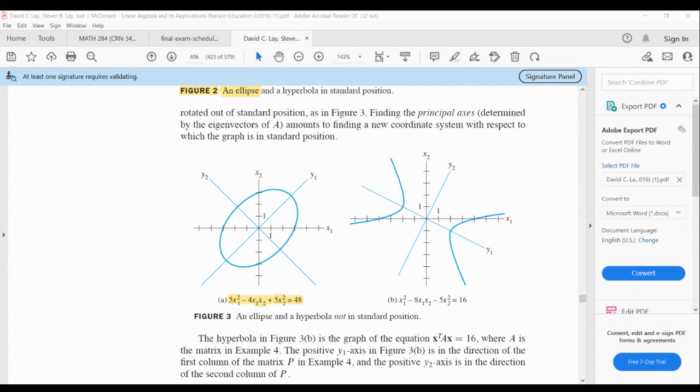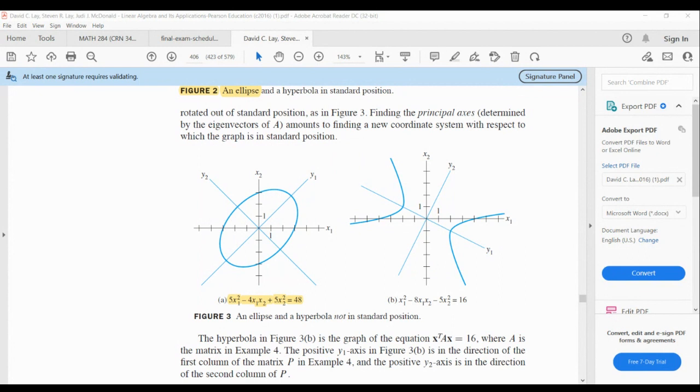Okay, so let me show you. Do you see what I'm trying to say here? We want to be able to visualize this quadratic form, which is in figure 3A, which is 5 times x1 squared minus 4 x1 x2 plus 5 x2 squared. We set that quadratic form equal to 48. That creates these points on an ellipse.